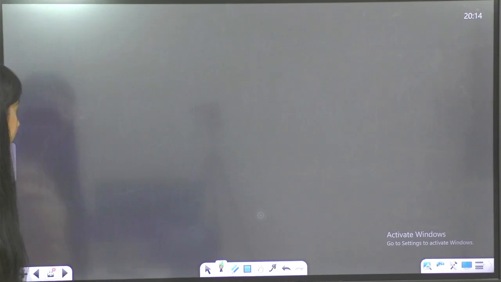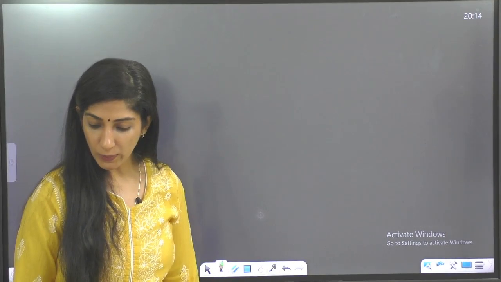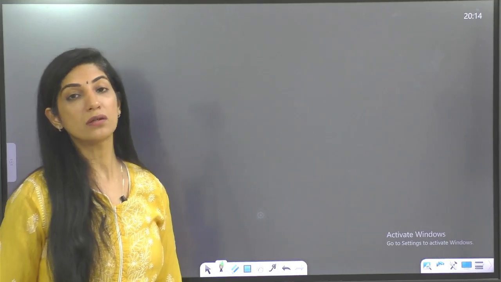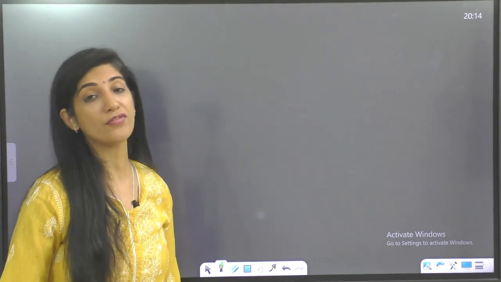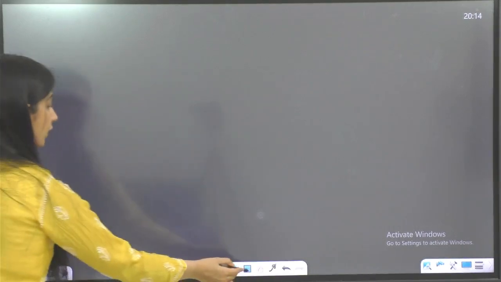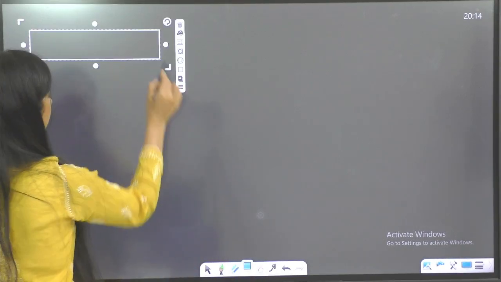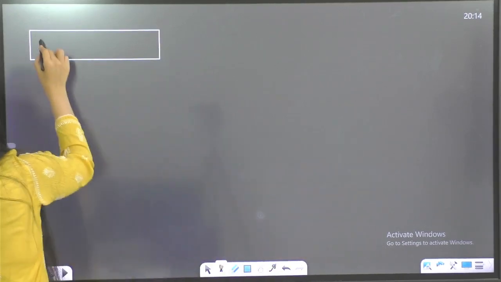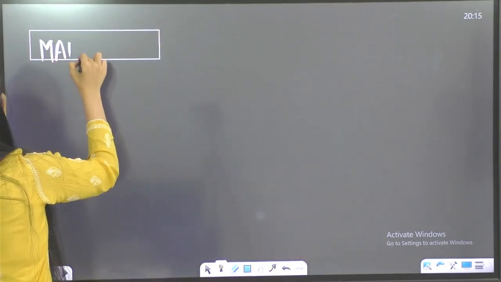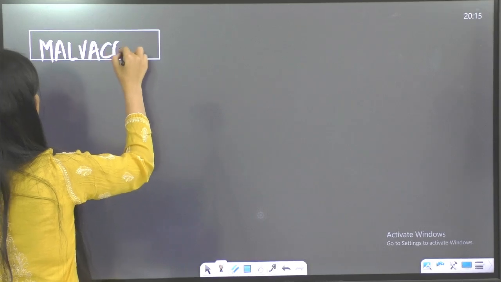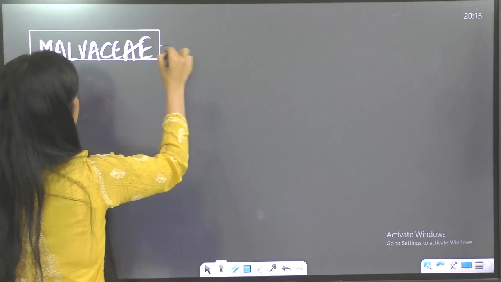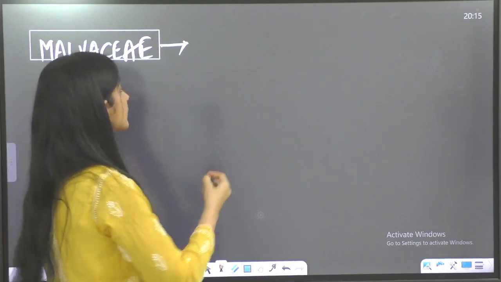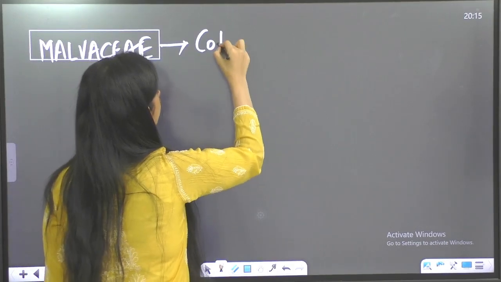Let's move on to the next family. Very, very quick and very, very nice. After Brassicaceae family, the third family is the Malvaceae family. Okay? So it is very easy. Malvaceae family, introduced newly into the syllabus, is called the cotton family.